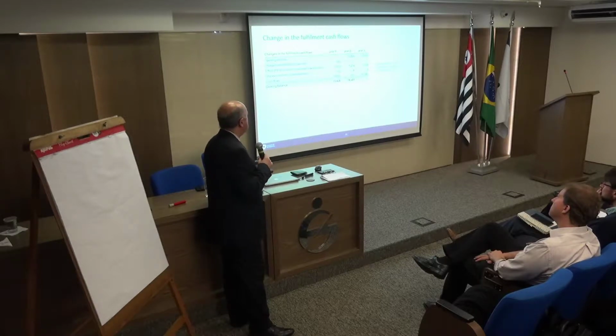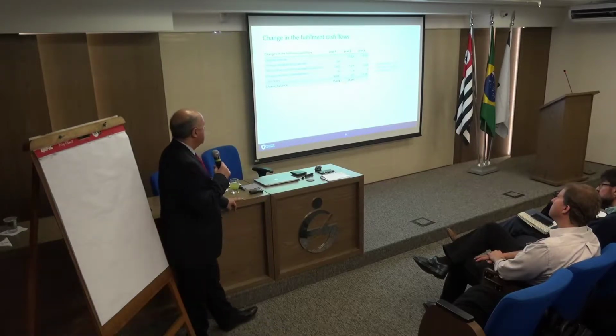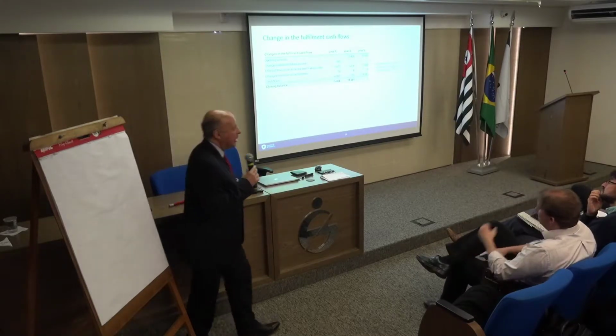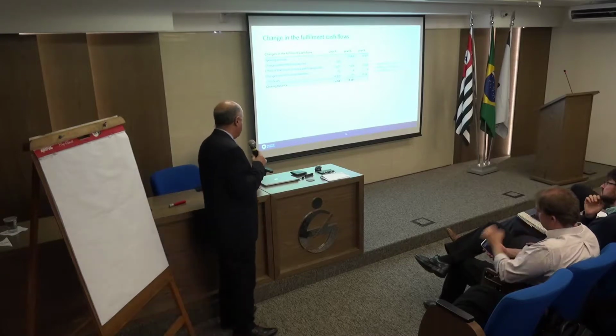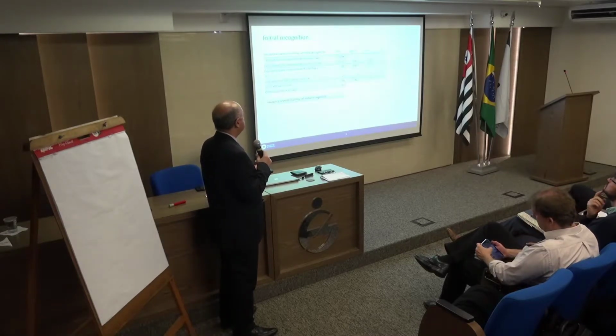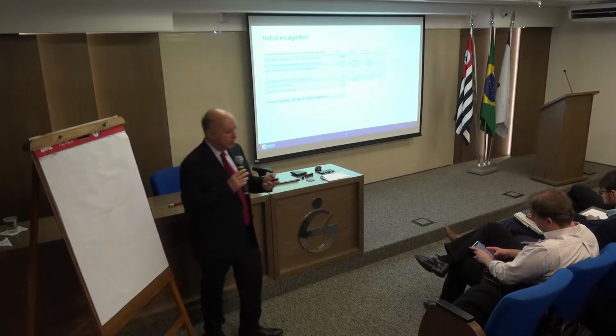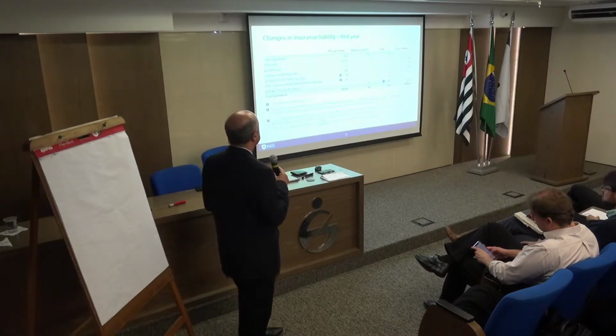Okay, change in the fulfillment cash flows. Well, here we have new contracts. Okay, 795, and this 795, I go back a few slides. Where is this number here? So this is the initial 795, the difference in cash flows plus the risk margin, or the adjustment. Okay.